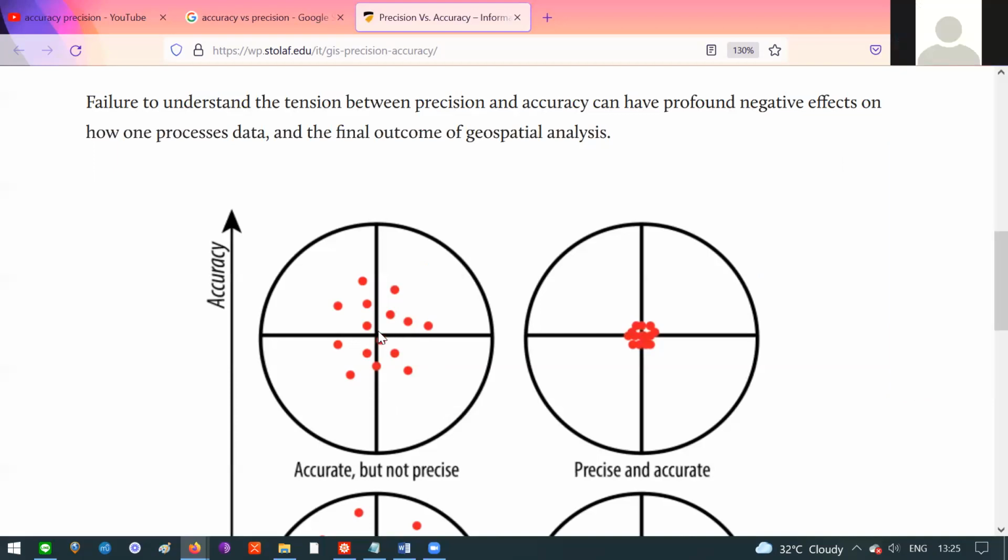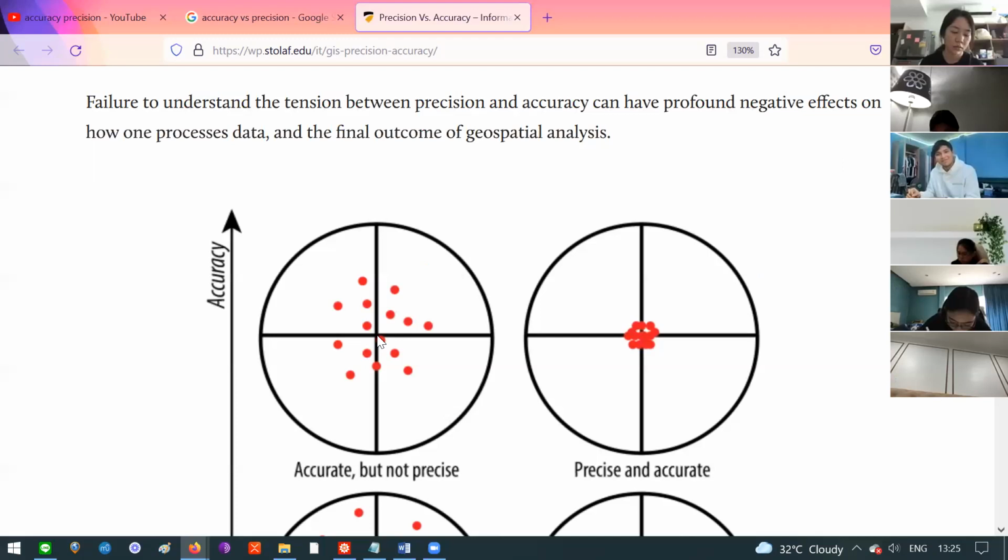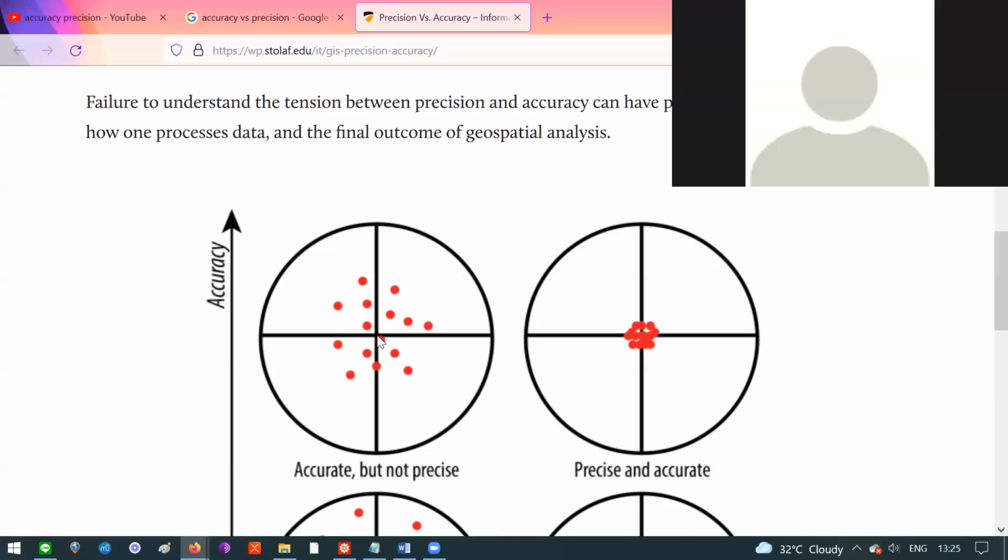At least you're getting something right. Most of the time you don't hit it, but 1 in 10 you hit it. So yes, you're right. If you cannot do a single thing, you prefer accurate over precise.